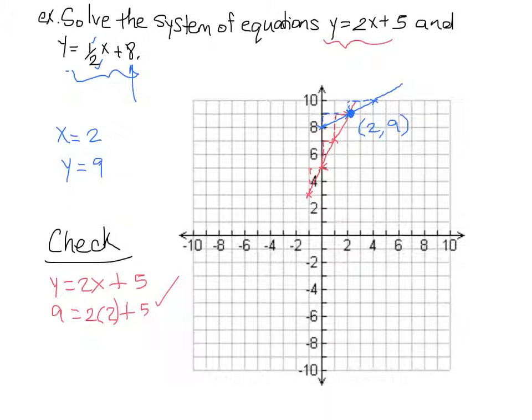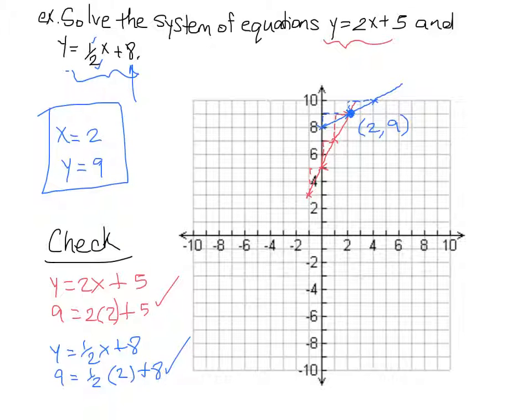And for our blue line, we have y equals a half x plus 8, which means that 9 equals a half times 2 plus 8, which also is true. And this is definitely the correct solution.